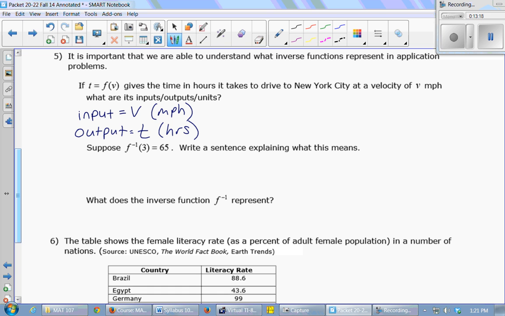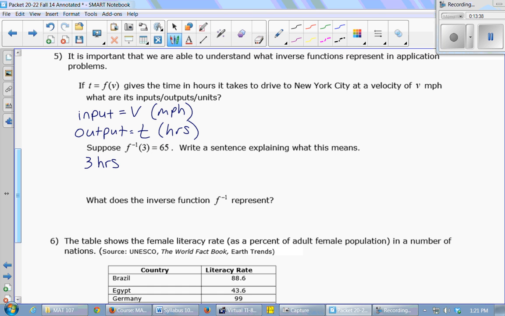I have 3 as an input of this mathematical sentence. If it's an input into the inverse function, that means it was an output from the function itself, right? So that 3 is hours.